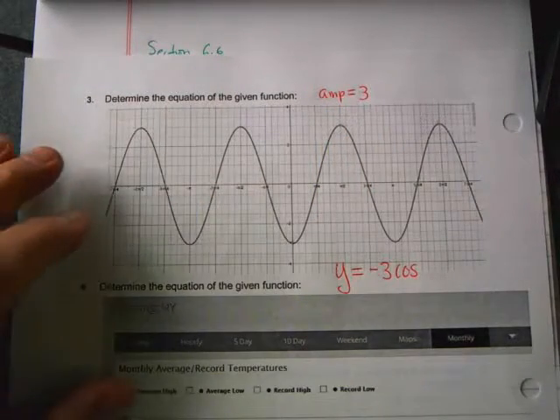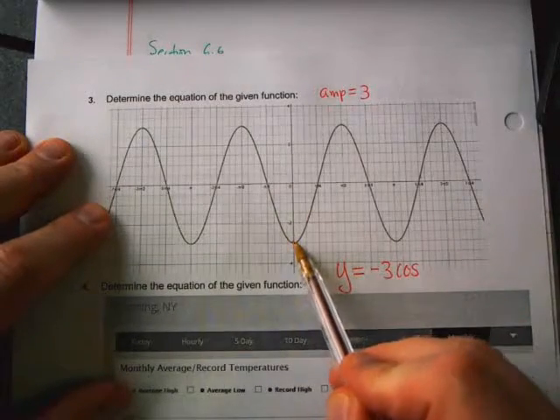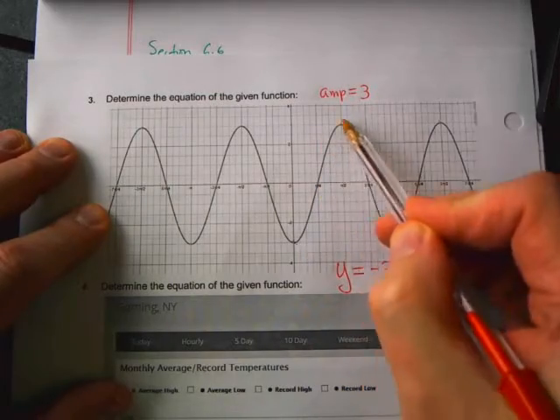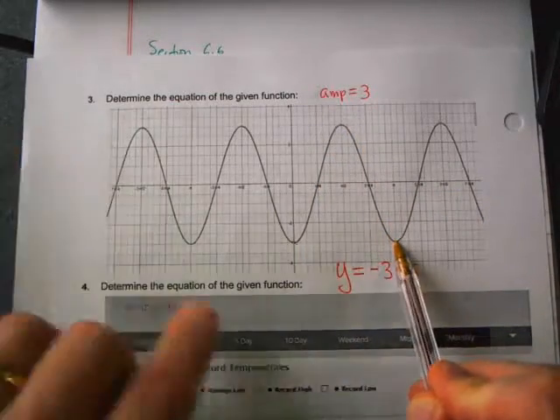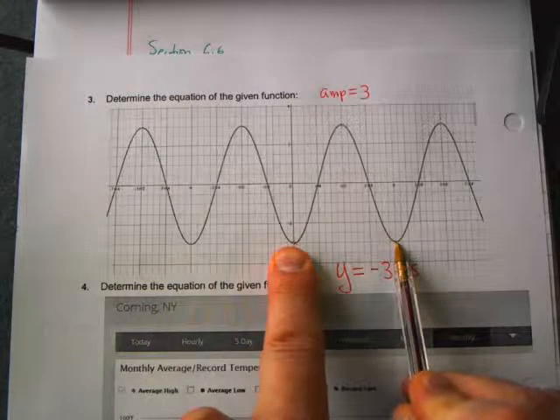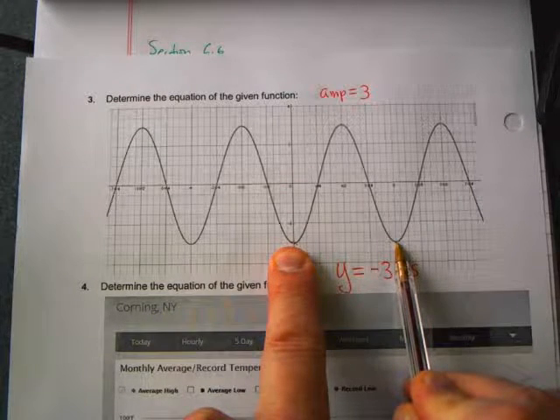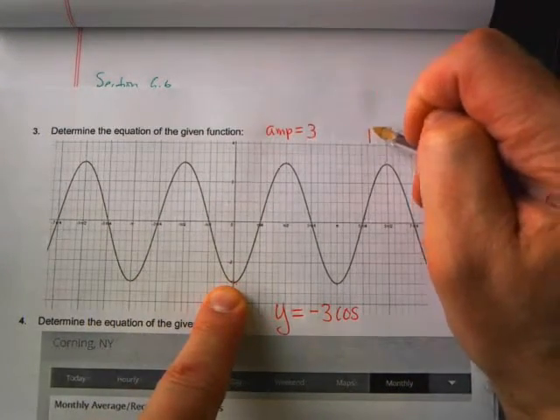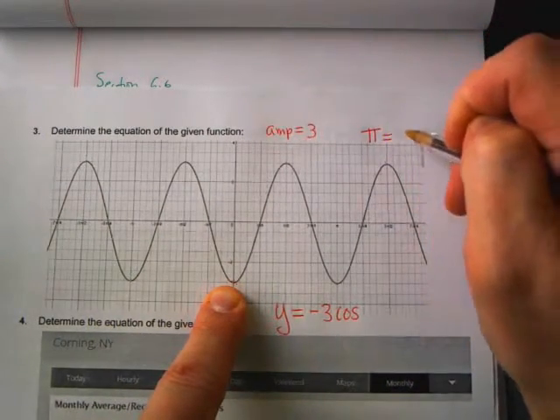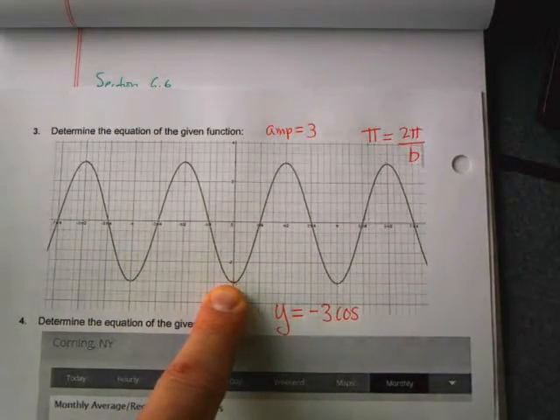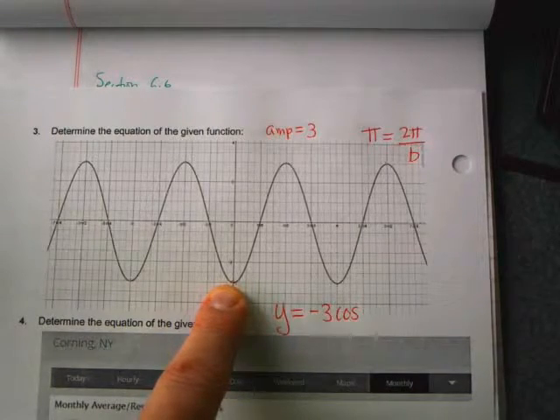Okay, so if I start here and I do one complete cycle, that means I end right there. So what's my period? My period is pi. So I know that pi being my period has to be 2 pi over the b number. So that means the b number better be 2.